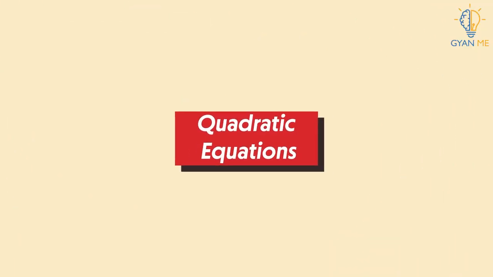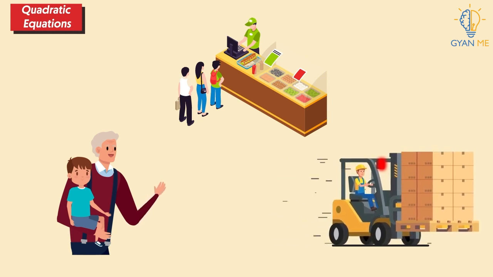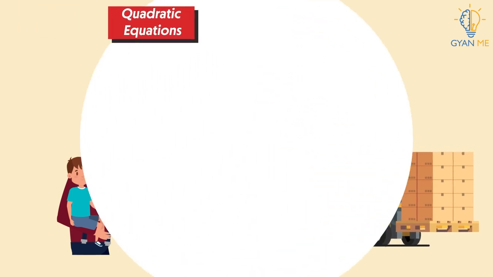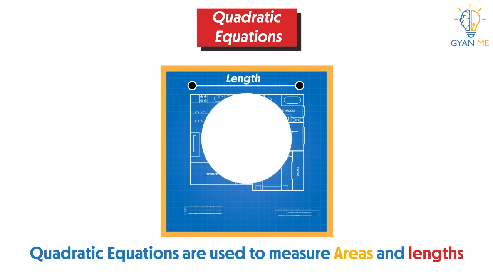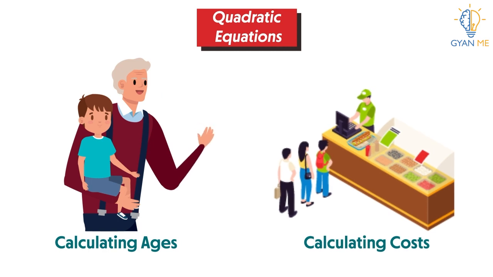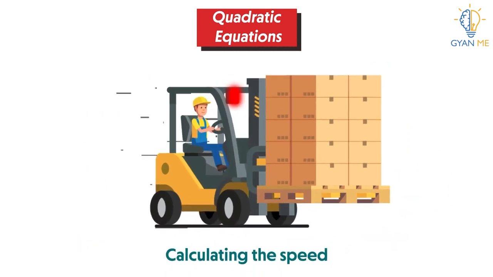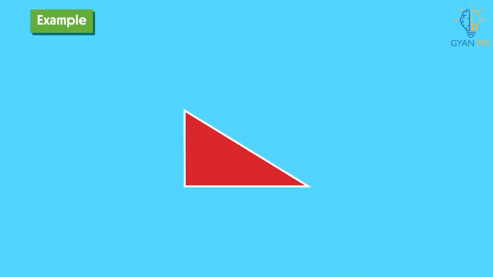Students, there are many instances when we come up with quadratic equations while we are dealing with real life situations. In fact, quadratic equations are actually used in our everyday life as when calculating areas or lengths, calculating the ages, calculating the costs, or calculating the speed of an object, etc. Say for example, the hypotenuse of a right triangle is 5 cm.